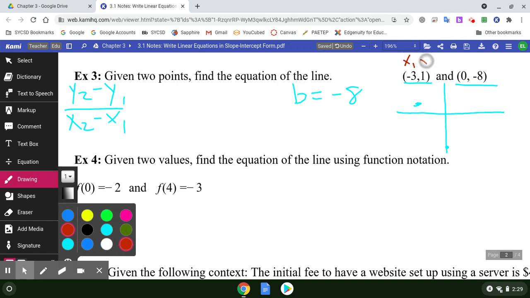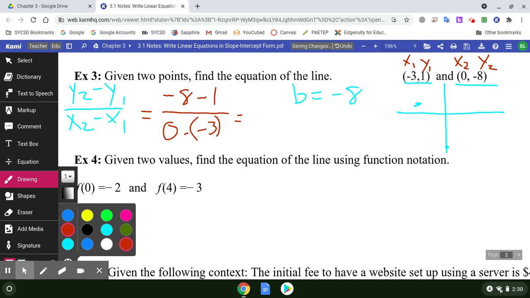So in our first ordered pair, we have x1 and y1. And in our second ordered pair, we have x2 and y2. So from here, the difference in my y values would be -8 minus 1. And the difference in my x values would be 0 minus -3.